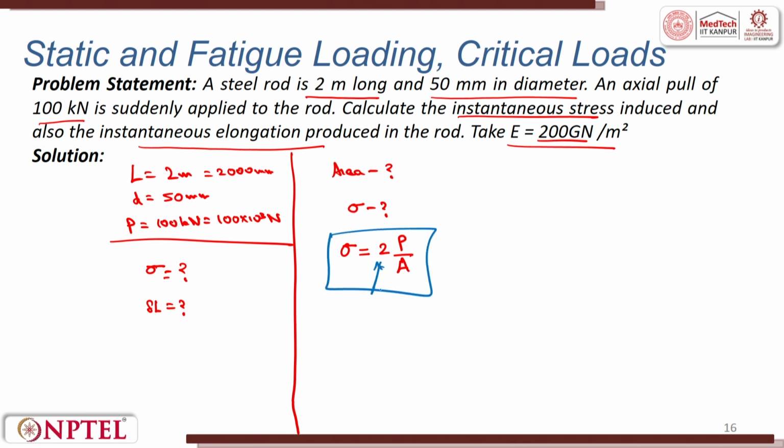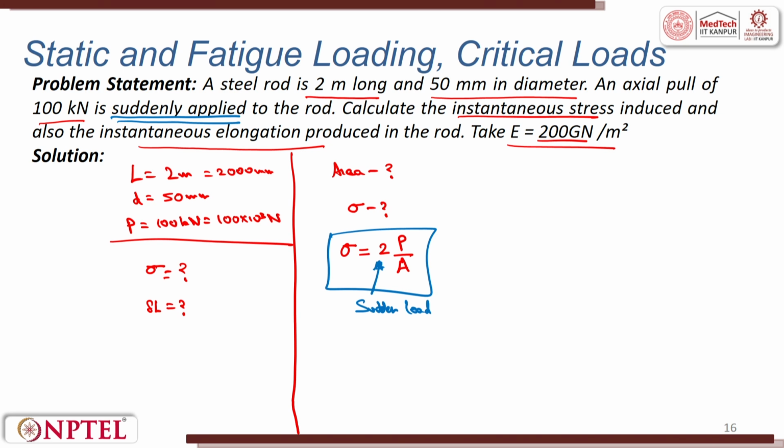This is for sudden load, or this is a keyword, suddenly applied load. Because otherwise all the values that you get would be half of the value which actually should be. So, here the stress is doubled because the sudden load is there.